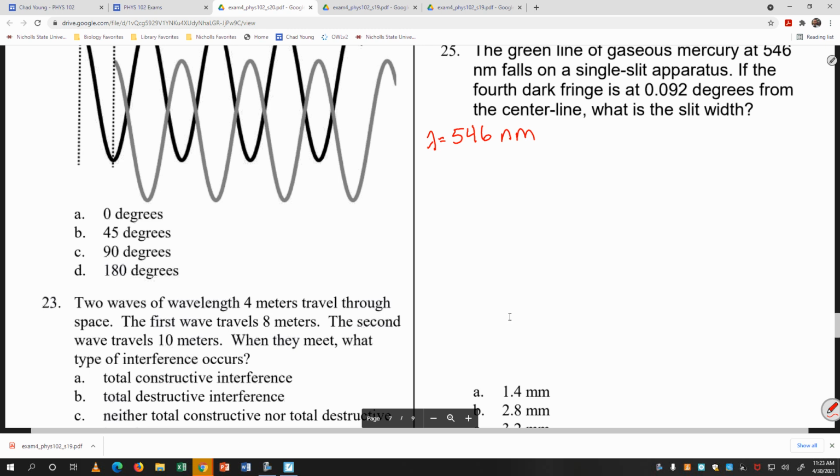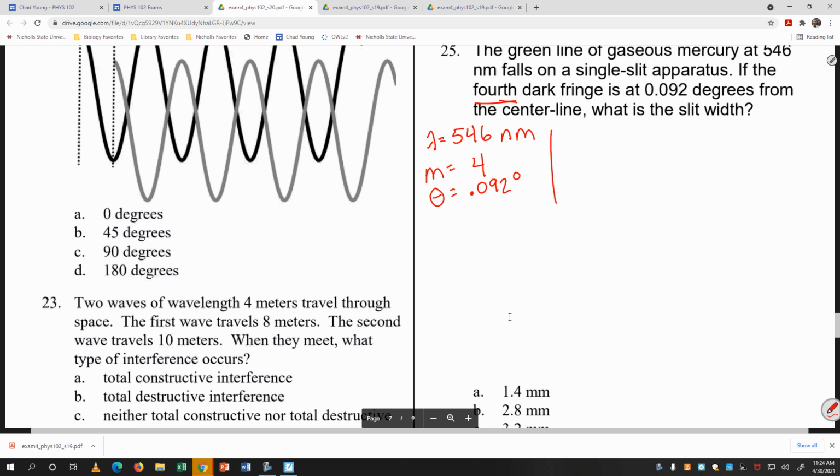Falls on a single slit apparatus. M is equal to 4, because it's the fourth dark fringe, and the angle theta is 0.092 degrees. I want to know what is the slit width.